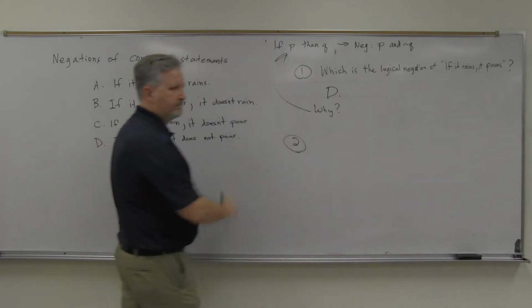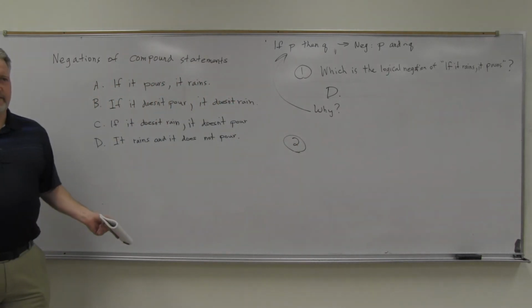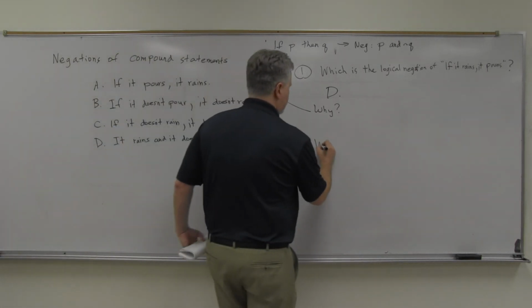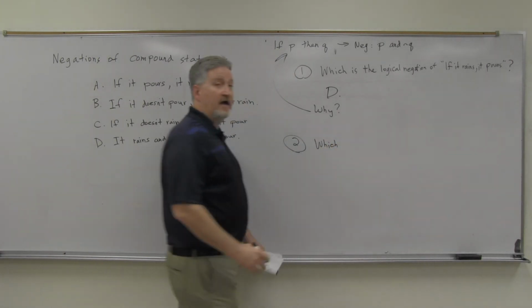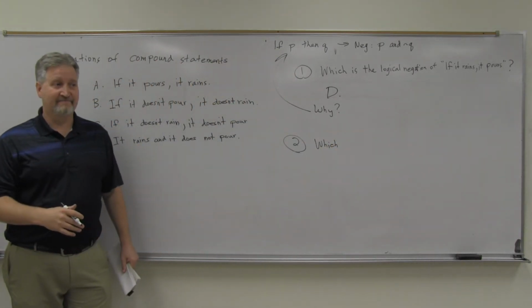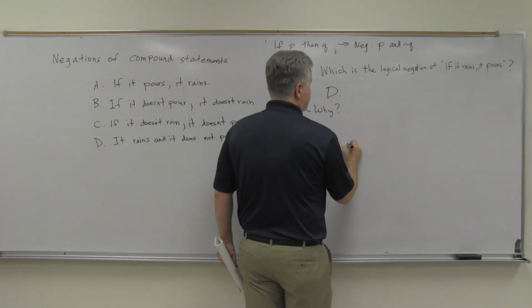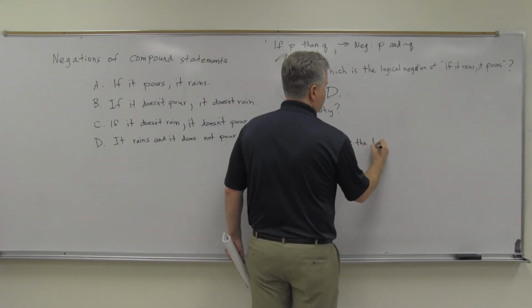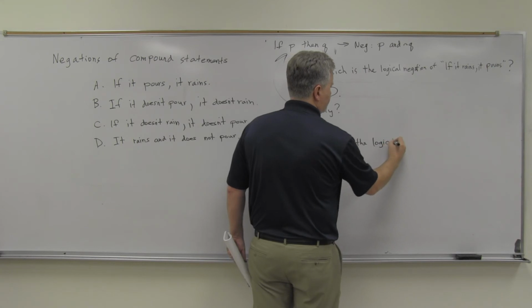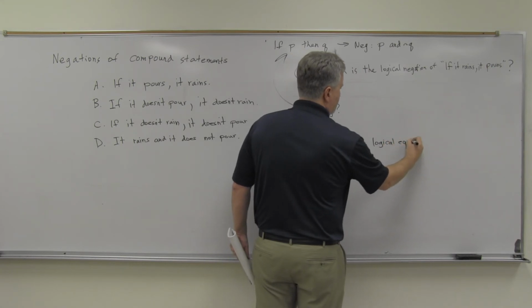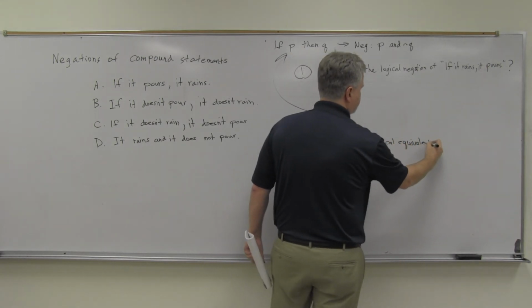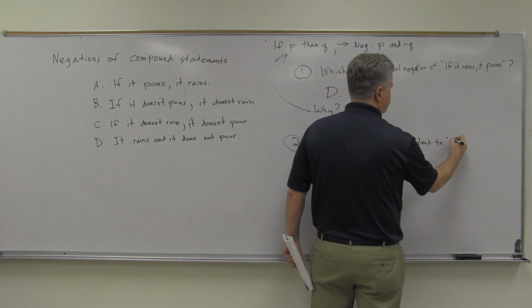Question about that? So the second one then, and this goes back to something we talked about last time. Which of these, A, B, C, or D, is the logical equivalent to if it rains, it pours?